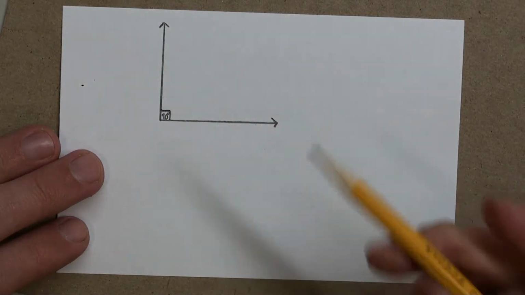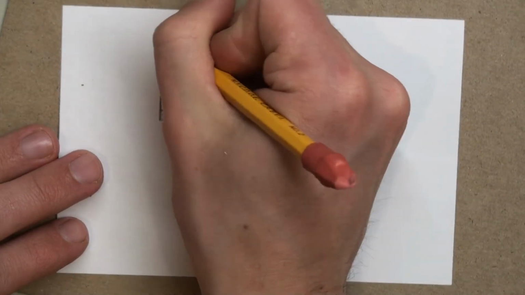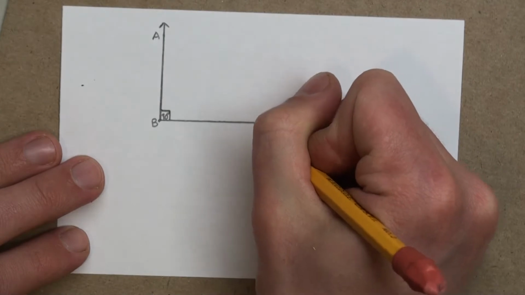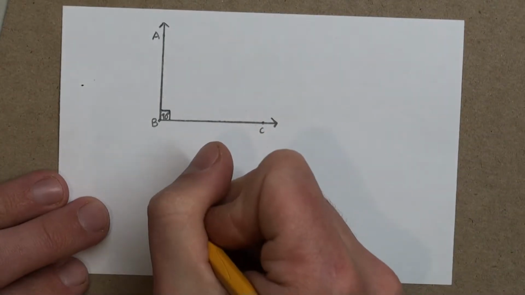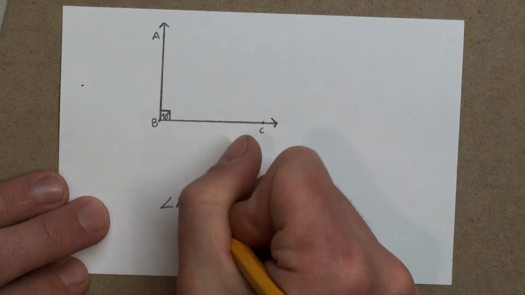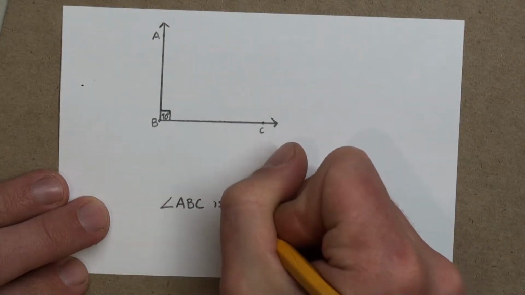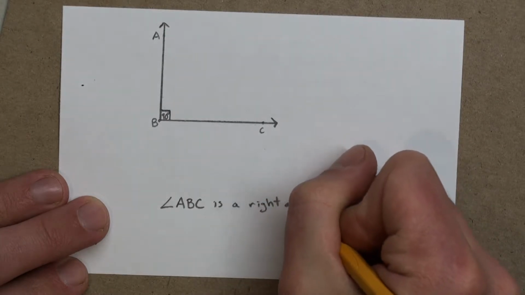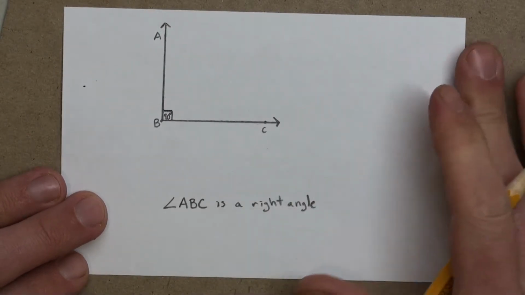Put a little 90-degree symbol inside that box. So let's say this was A, B, C. We could see that angle ABC is a right angle. Okay?